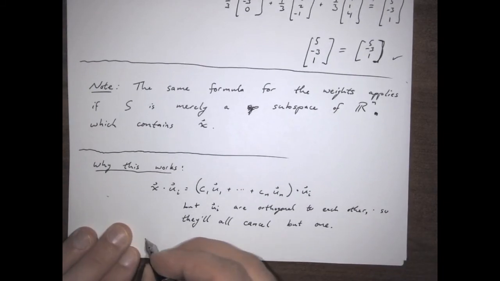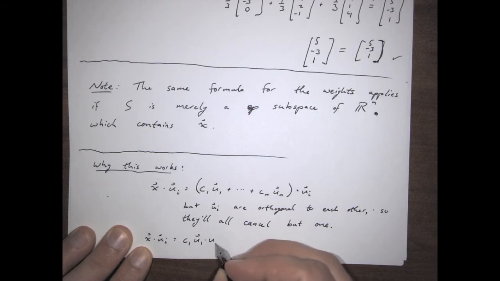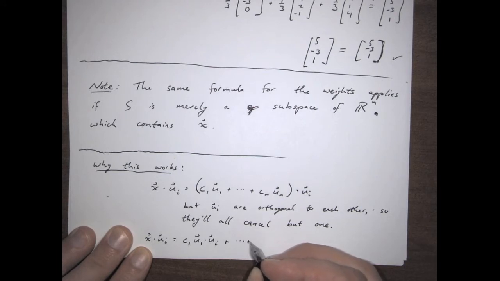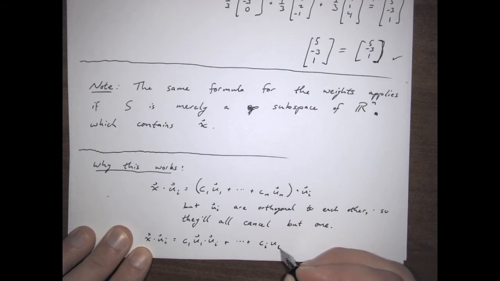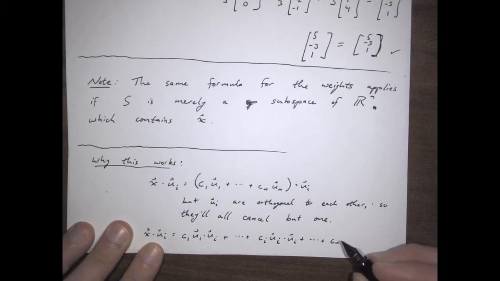In particular, this X dot UI, we can distribute this, and it's going to be C1 U1 dot UI plus dot dot dot plus CI UI dot UI plus dot dot dot, and then we get to the very last one, CN UN dot UI.